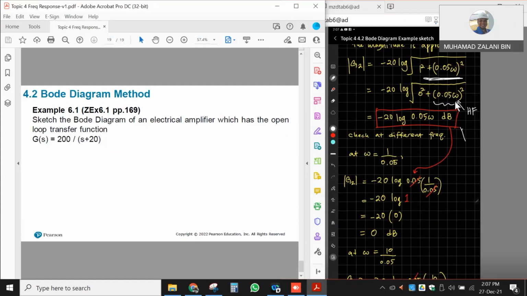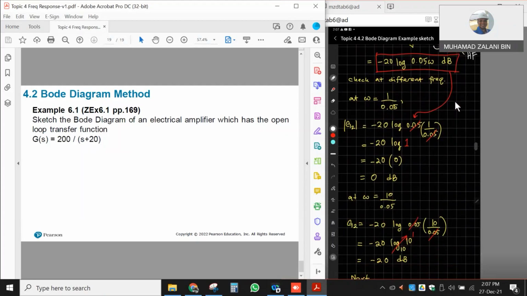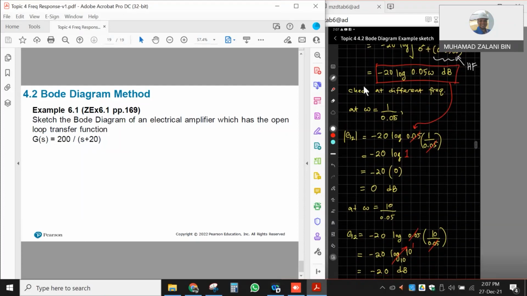So we should expect this equation that we will use later to further calculate at different points of omega. Let's say we will start to calculate this G2 at omega equals to 1 over 0.05. Why did we choose 1 over 0.05?